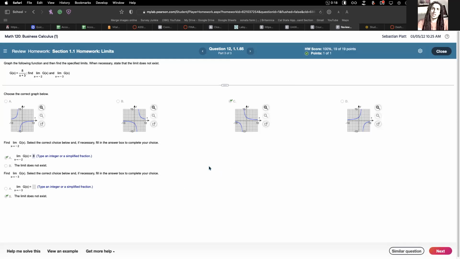So what they want us to do is to plug in that -2 into the x, so then we'd have 8 over -2 plus 3 on the denominator. The -2 plus 3 becomes a 1, and there's going to be an 8 on top. So therefore, our limit as x approaches -2 equals 8.